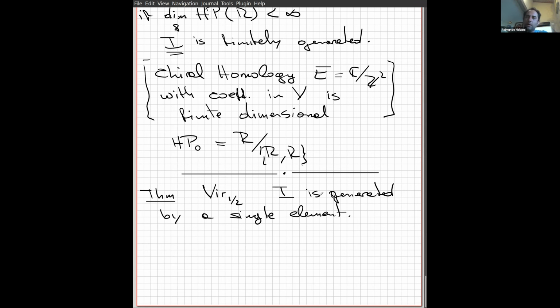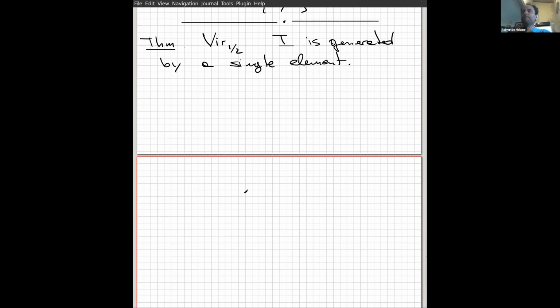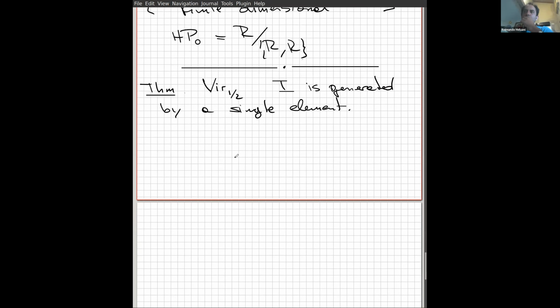Okay, let me give you the ingredients as to how you get this. First of all, the theorem of Bruchek, Murtada, and Shepard. The first observation is, remember, this I is given by this quotient.